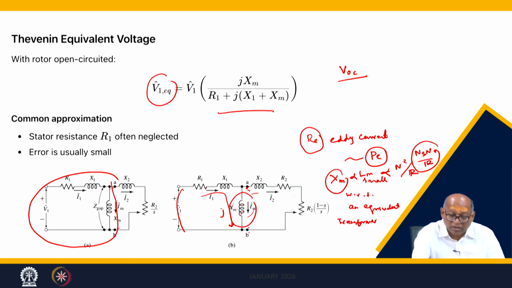If Xm is low, what will happen? The current here will be more than I1, I2. In transformers, the magnetizing current is about 2 to 3% of the full load current.